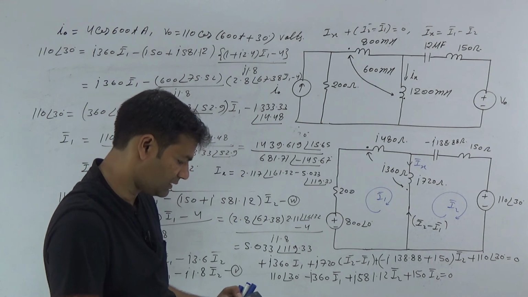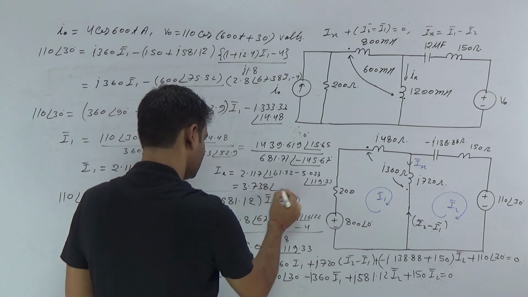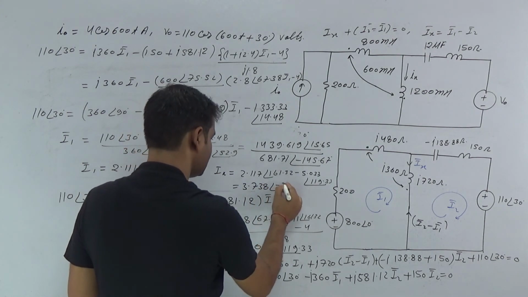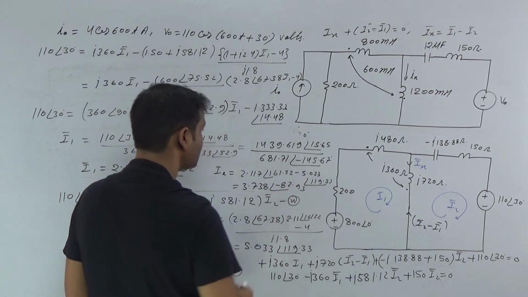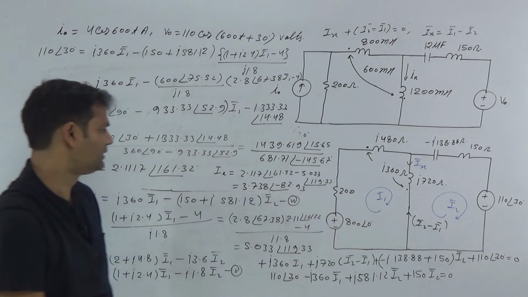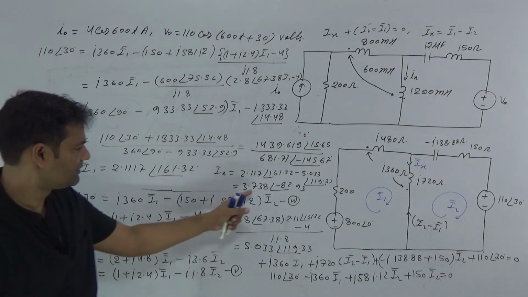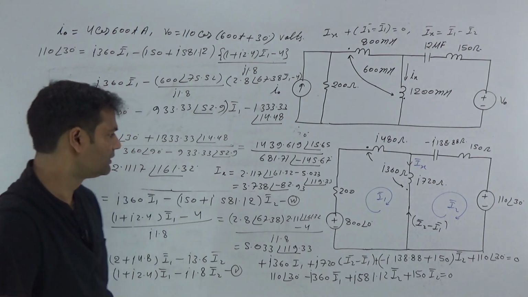So finally, corresponding to the angle, we got 3.738 at the angle minus 82.93. Okay, clear? This is the current. So I1 minus I2 is 3.738 at the angle 82.93.